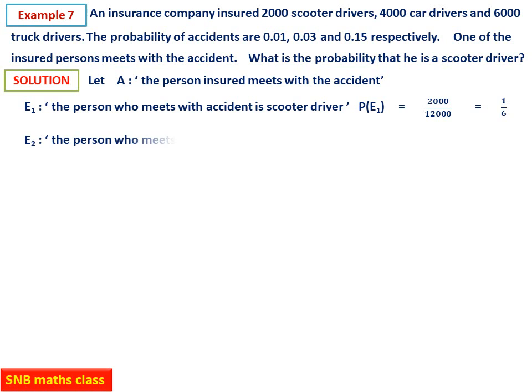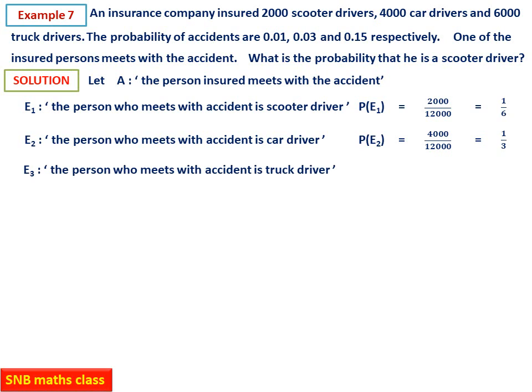Similarly, E2, the person who meets with the accident is a car driver. Now probability E2 will be, so there are 4000 car drivers, therefore it is 4000 by 12,000, so 1 by 3. Similarly, E3, the person who meets with the accident is a truck driver, so probability E3, that is 6000 by 12,000, so it is 1 by 2.